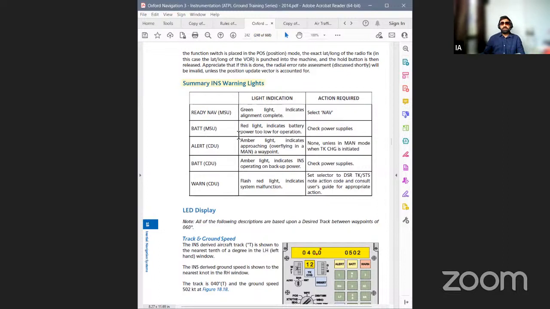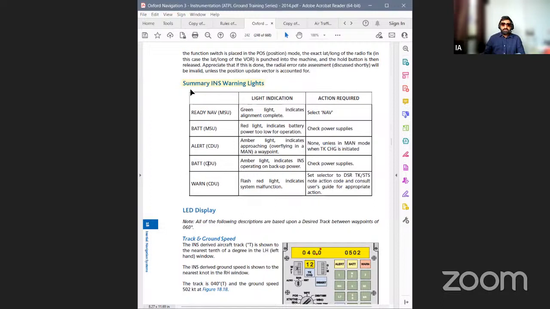Battery related warning light, you will get a red light, indicates battery power is too low. Check your battery power supplies. Alert, you will get an amber light indicating you are approaching a waypoint. And unless you are in manual mode, you don't have to do anything.